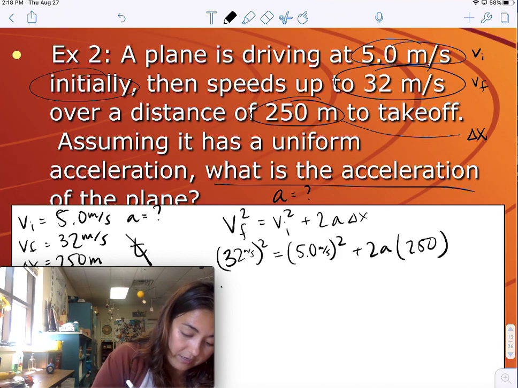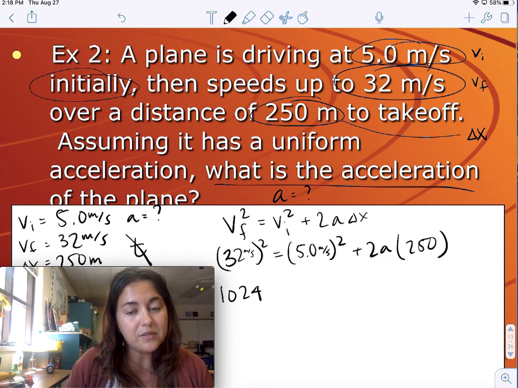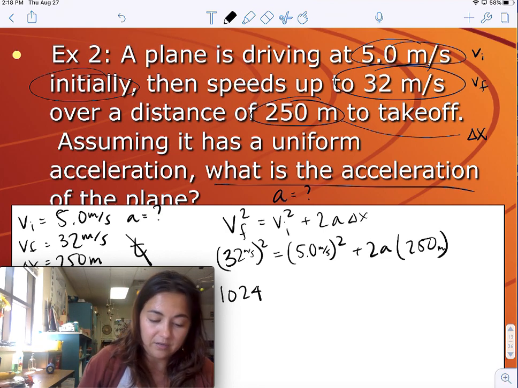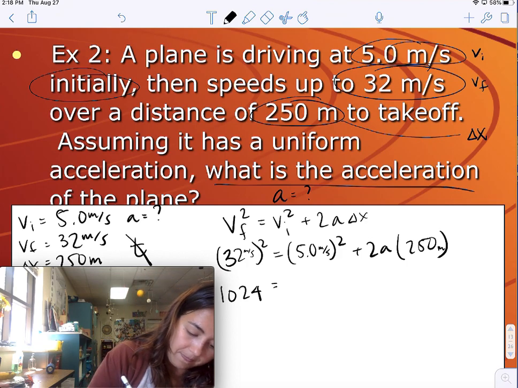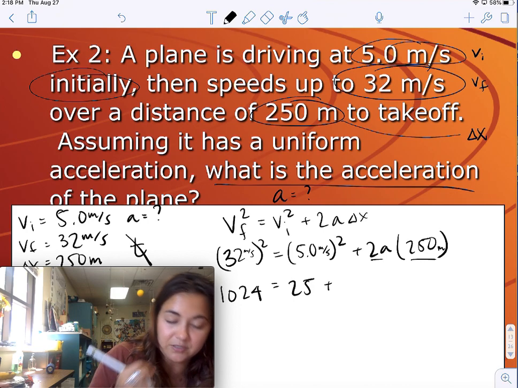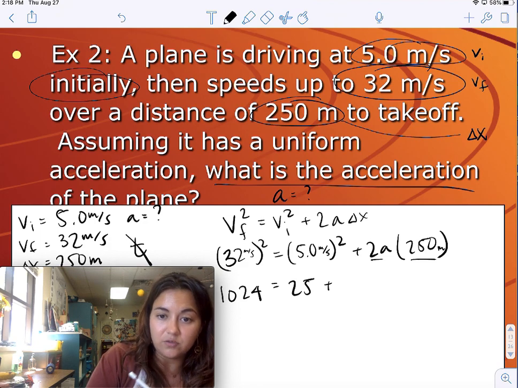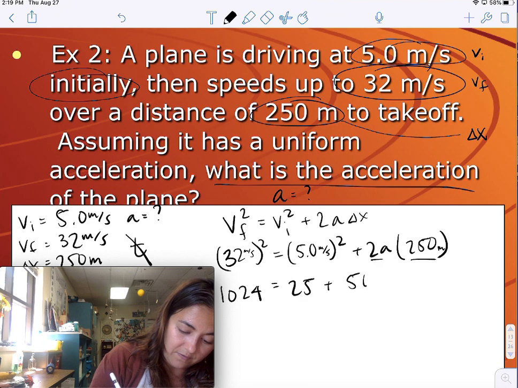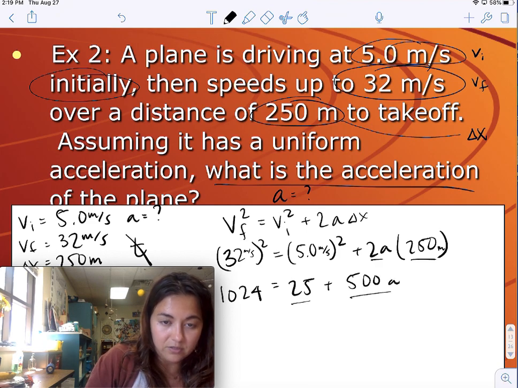32 squared is 1024. If you want to, keep track of the units, but if they all work out perfectly, you'll end up with the units you need for acceleration. So your call. Equals 25 plus, I'm going to go ahead and multiply 2 times 250. Each time I want to simplify, to make this equation look easier. So 2 times 250 is 500 times A. Again, please don't just add those two together.